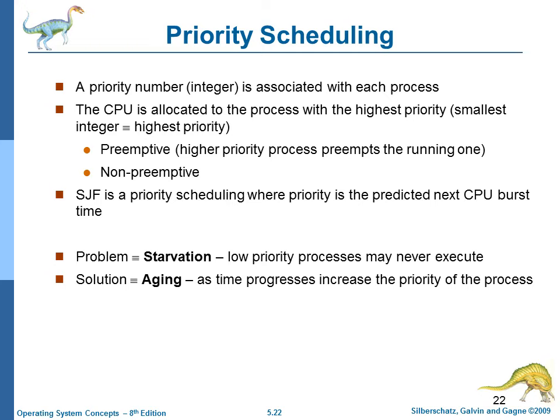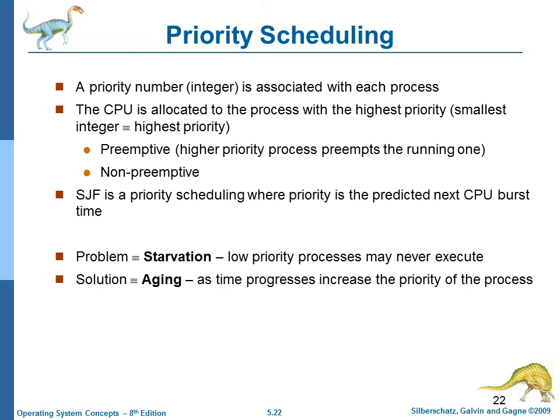Priority scheduling can be either preemptive or non-preemptive, but the most important aspect is that priority scheduling can suffer from a major problem known as indefinite blocking or starvation, in which a low priority task can wait forever because there are always some other jobs around that have higher priority.